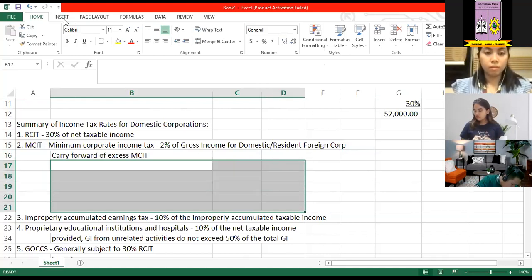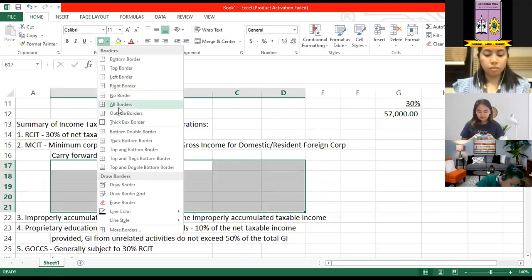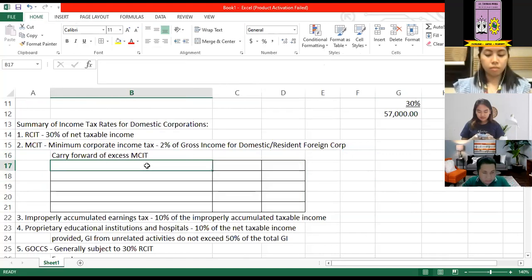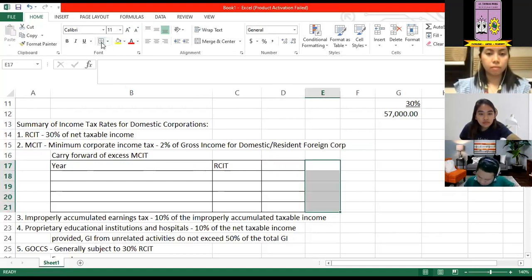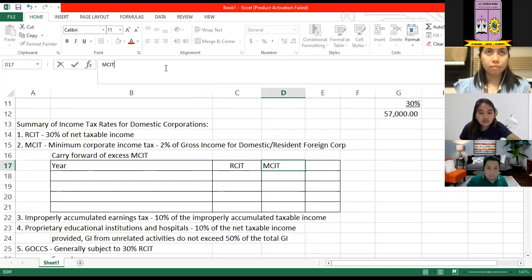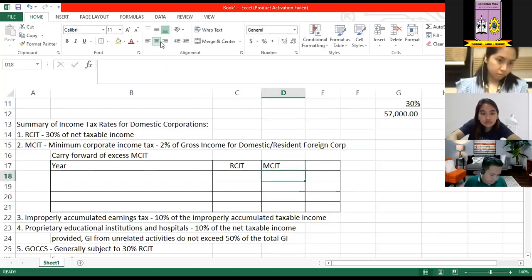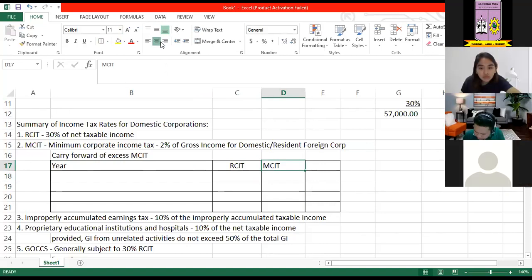Gawa tayo ng table, no. So, ito year, taon. Then, RCIT. Gamitin natin yung RCIT, kasi sa book, normal. Ngayon, gusto kong gamitin yung regular corporate income tax, para hindi kayo ma-confuse sa mga terms, no?